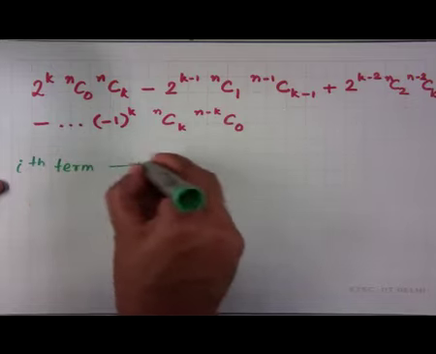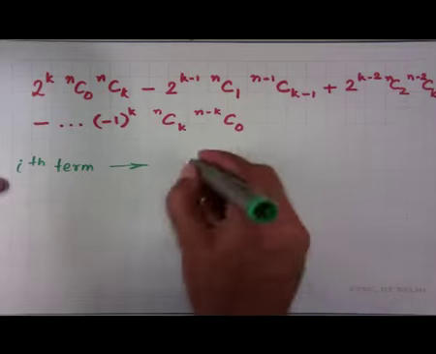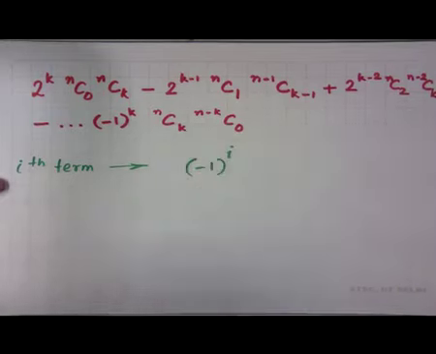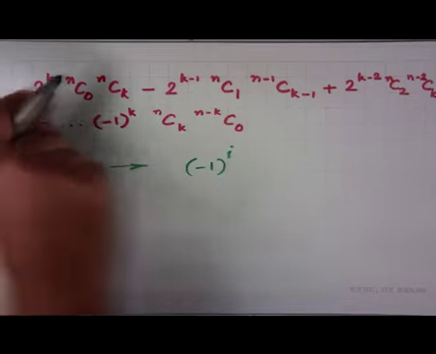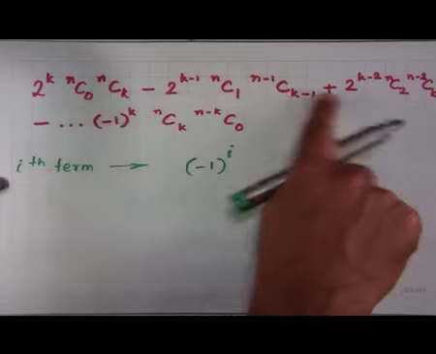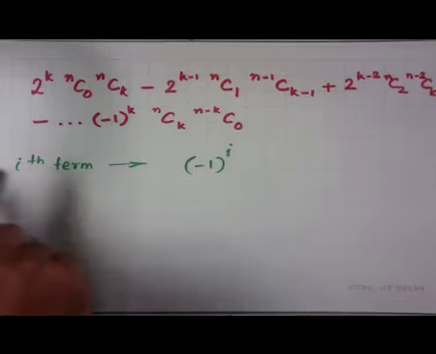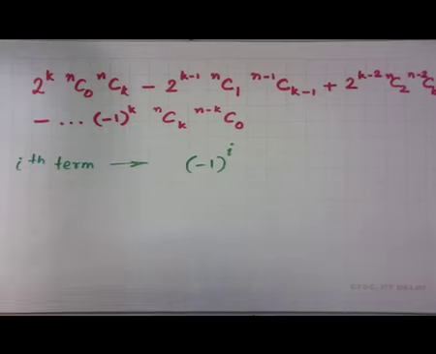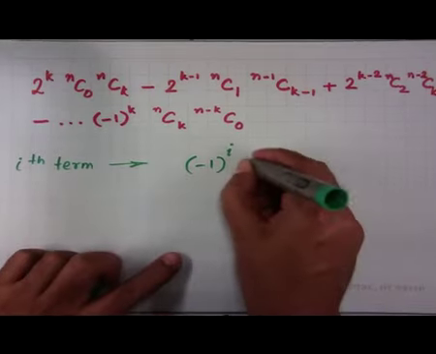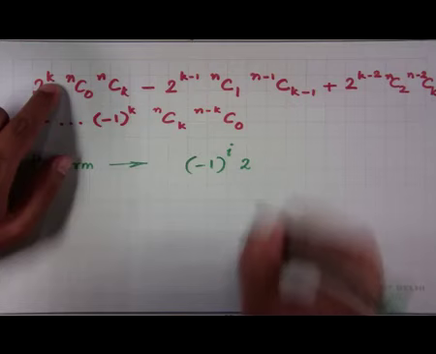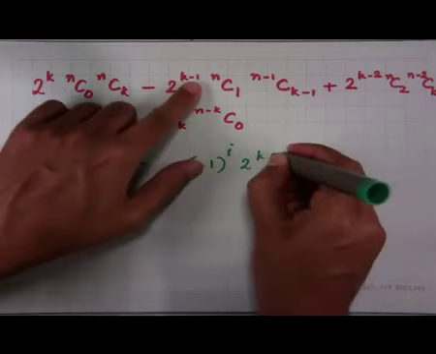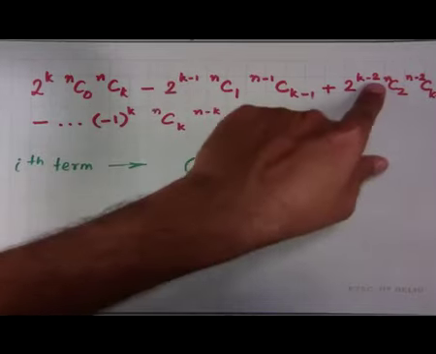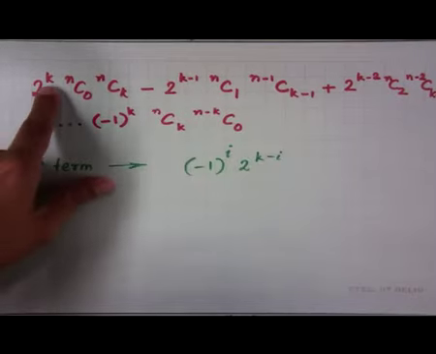what do I see? First of all, I see minus 1 whole power i, because the 0th term is positive, the first term is negative, the second term is positive, third is negative, and so on. So, minus 1 whole power i times 2 to the power k minus i. The first term is k minus 1, second term is k minus 2, 0th term is k minus 0.